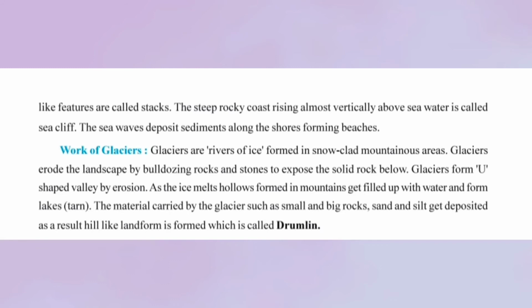As the ice melted, a mountain gap filled up with water and formed a lake. The material carried by the glaciers, such as small and big rocks, sand and silt, gets deposited. As a result, hill-like landforms are formed, which are called drumlins.